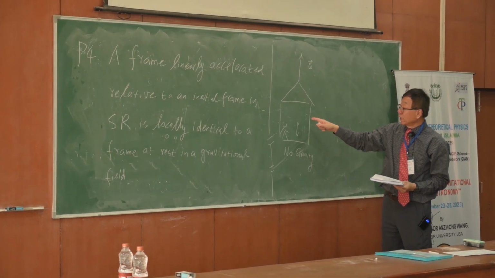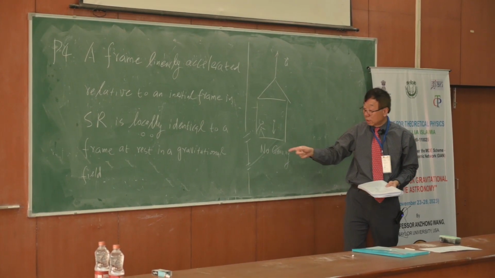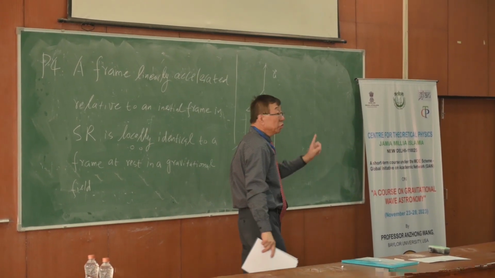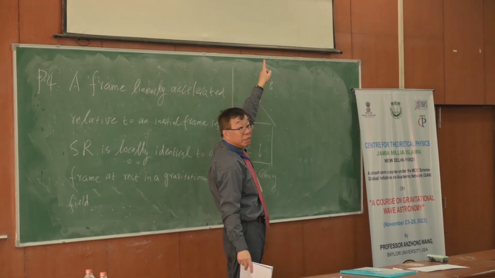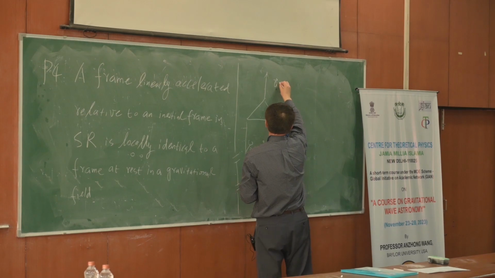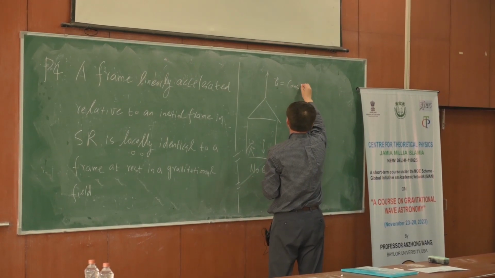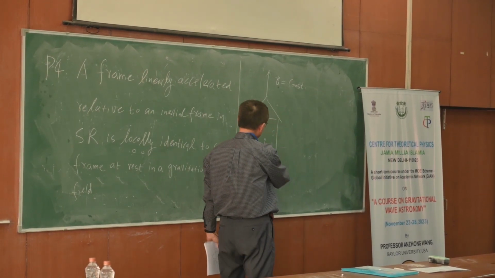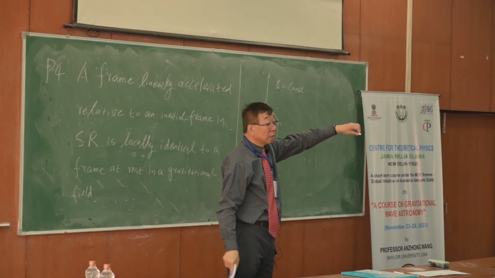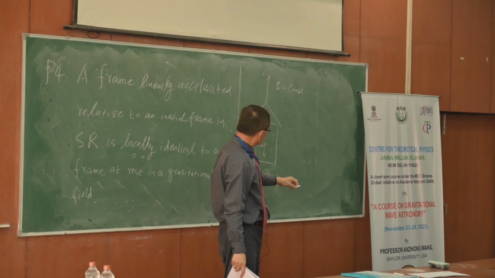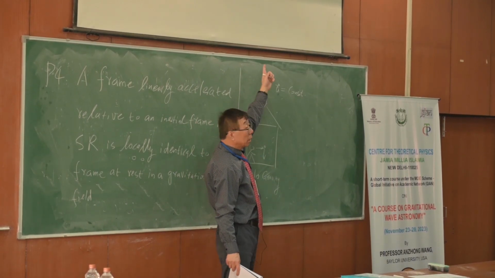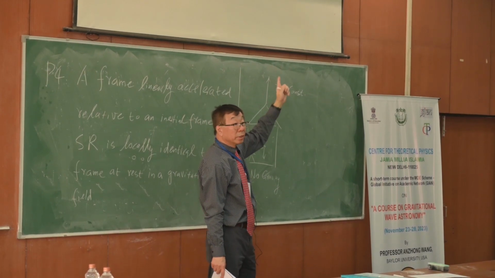So, for example, we are in the elevator, so there is no gravity. But my elevator is uniformly accelerating along this direction, right? This is a constant. In this case, when this person throws this chalk, the chalk will fall down, right? Because my elevator is uniformly accelerating in this direction.